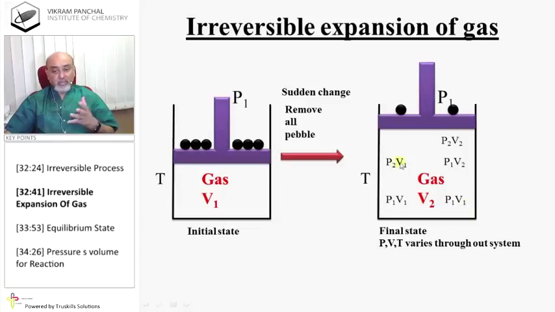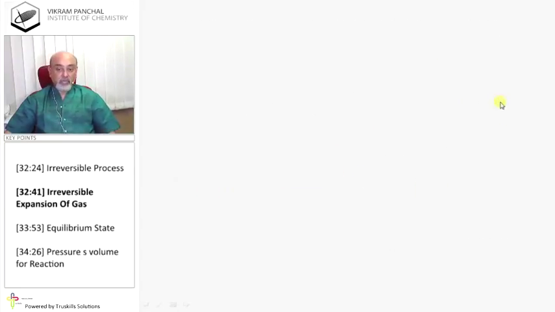Everywhere the pressure-volume products are different, and that is why the final state which suddenly appears cannot be brought to the original state immediately by putting all the pebbles back again. So this is irreversible. You cannot bring it to the original state. There is no equilibrium between initial state and final state. That is irreversible expansion of gas.